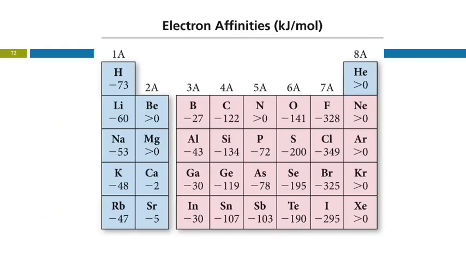Here's a table showing some electron affinities, and the trends are just not that great. If we go down group 1A, we see that the electron affinities become more positive. So it becomes less favorable.